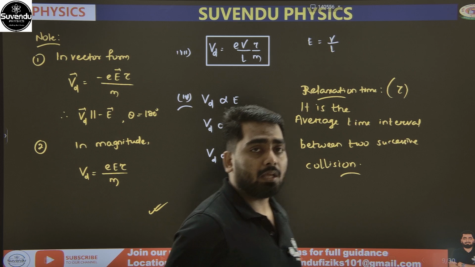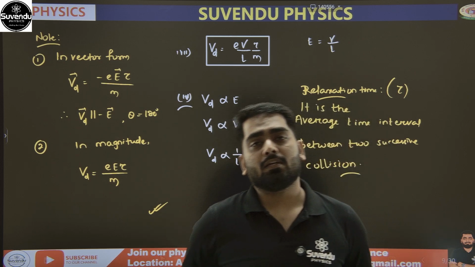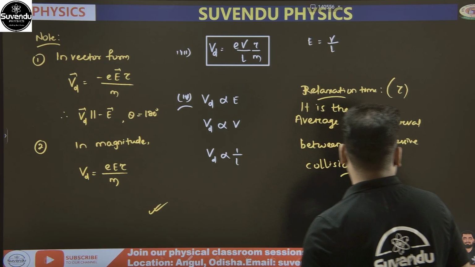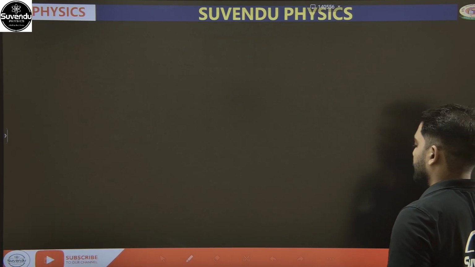So now we will derive one 2 mark question. What is that? Relation between electric current and drift velocity. That is fully important for us. Now see that content properly.